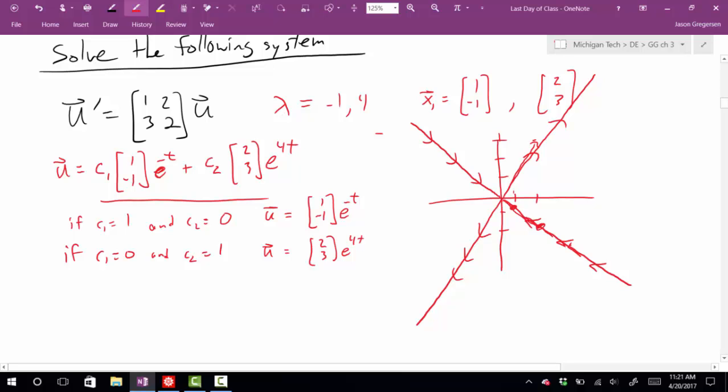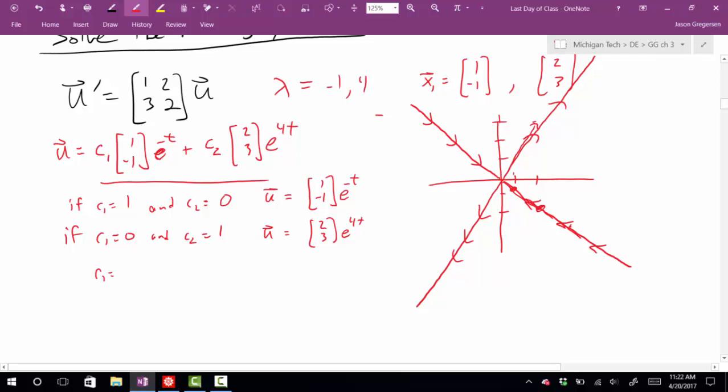All right, so I got a couple solutions here. I've so far plotted 4 solutions. What about all the rest of them? Well, if we look at one more case, if C1 was equal to 1 and C2 is equal to 1, then I basically get this thing without the C's. And I want to say, what happens as t gets big?